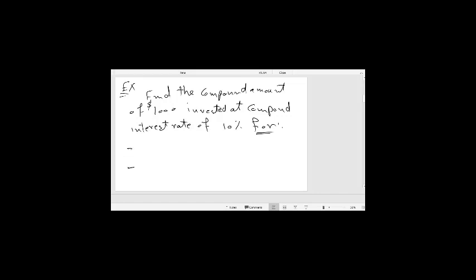The first one for 1 year, the second one for 2 years.